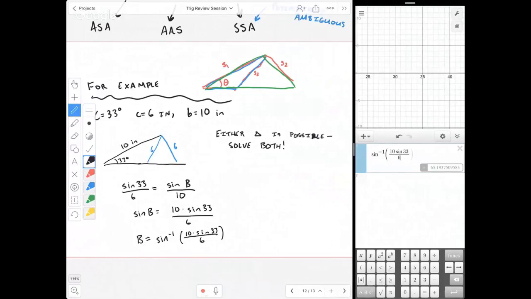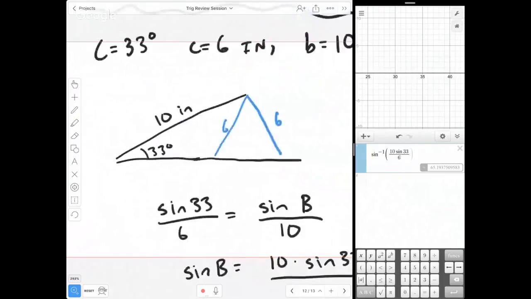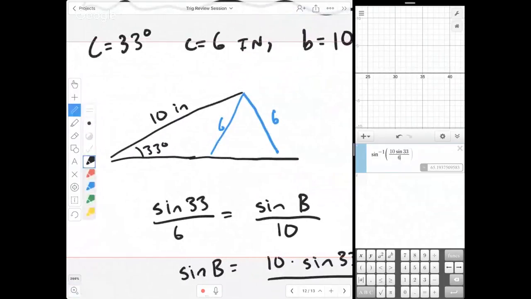That gives 65.19. Okay, so the angle I just solved for would be if the triangle was arranged like that. 65.19 degrees.